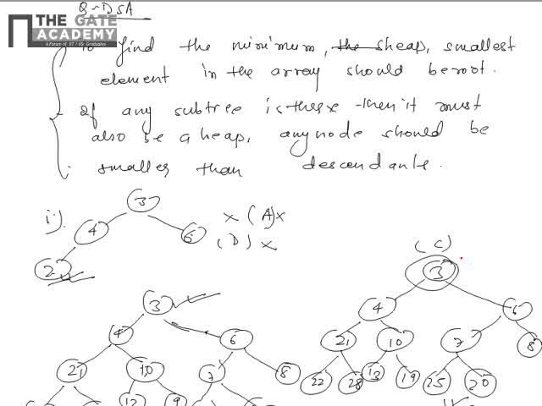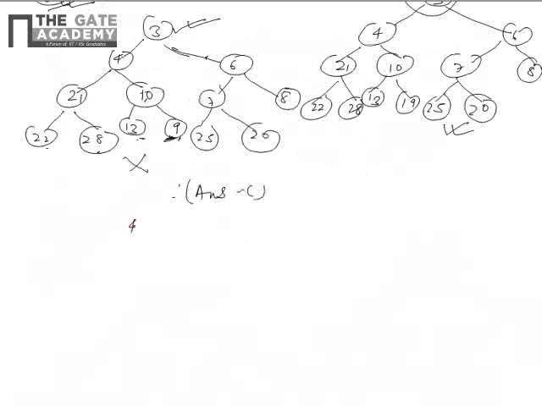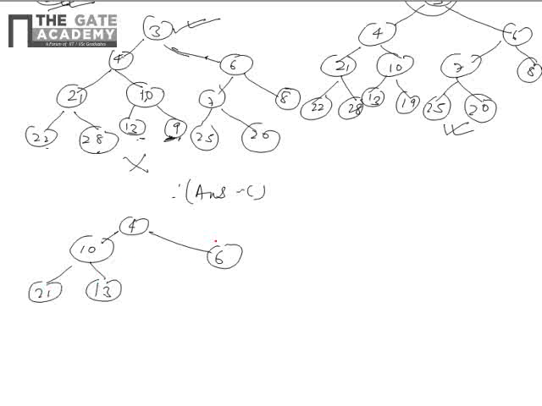Okay, so we will check for the first option. 4, it is 10, then 6, 21, 13, then 7, 8, 22, 28, then 20, then 19, this is 25.